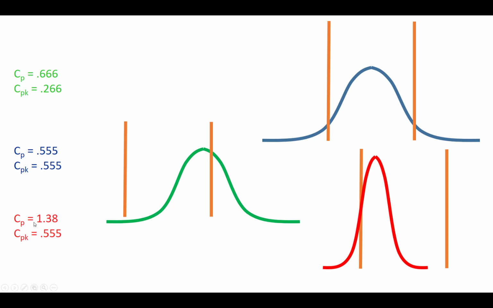And with a tighter distribution, the CP will be higher, right? When it comes down to results, which one is actually better? This is the better result, right? It has the higher CPK, but it's still not a very good result. We have a lot of product falling outside of our lower spec limit.